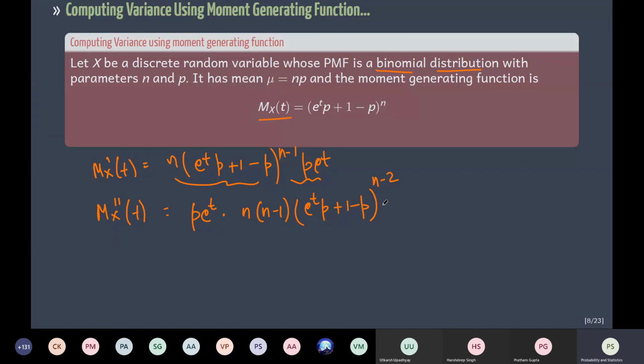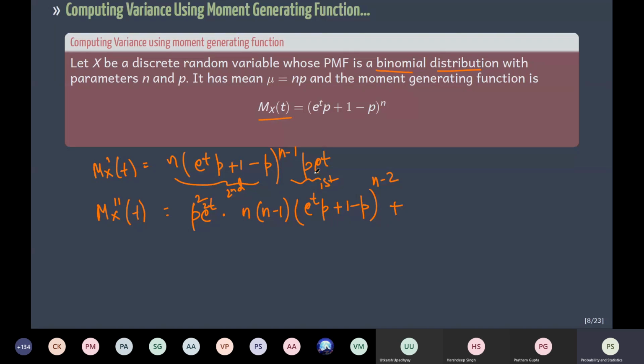Using the chain rule, you take the derivative of the inside, which will be p e^t, so one more p e^t will come, so this will be p squared and this will be e^(2t). We are applying the product rule.